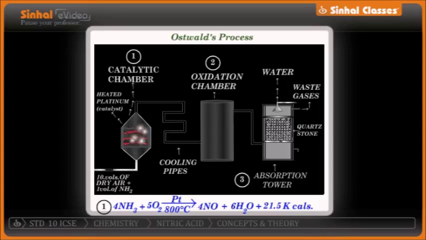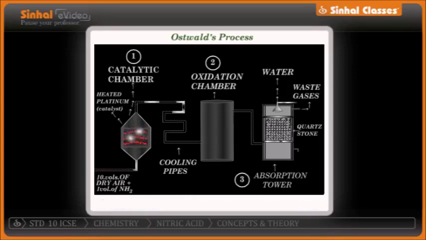Along with that, it will evolve heat of 21.5 kilocalories. Now this NO along with moisture, along with unreacted oxygen, is allowed to pass through a cooling pipe, and then it will enter into the second chamber, and that is oxidation chamber.